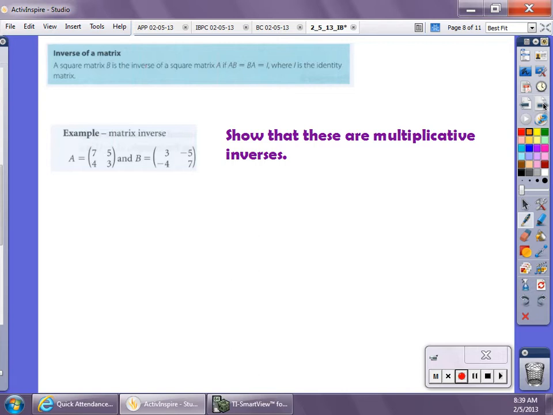An inverse will essentially undo, in a sense. So if you have a matrix A times B, and then that is the same as B times A, then both of those have to give you the identity matrix. So the order of multiplying forward, A to B, and the order of multiplying backwards, B to A, should both give you the identity if they're inverses of each other.